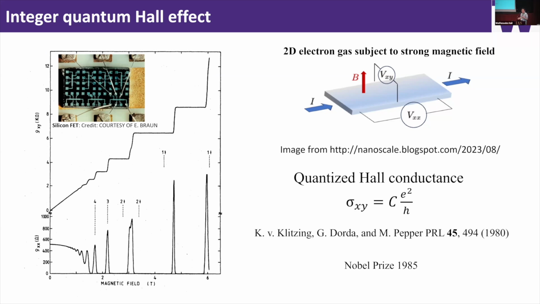We know that when you apply a large magnetic field perpendicular to the 2D electron gas and measure the Hall resistance, he found these plateaus. One simple way to understand this is that the Hall conductivity is proportional to an integer C, in units of e squared over h. We now know this as the integer quantum Hall effect.